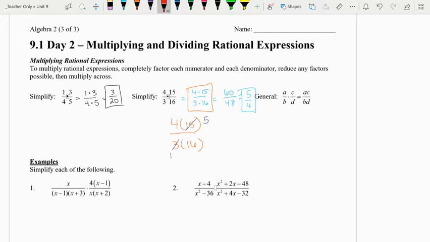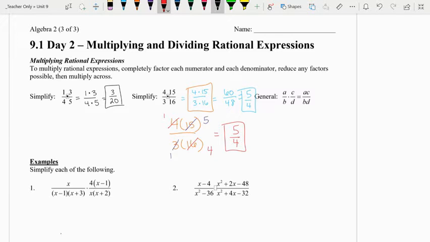Same thing with the 4 and 16. I can get rid of the 4 and make the 16 a 4, because 4 over 16 reduces to 1 over 4. And then we multiply straight across for our final answer of 5/4.